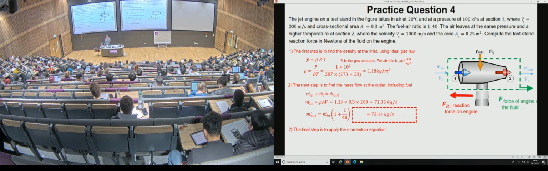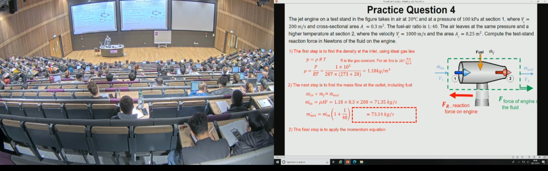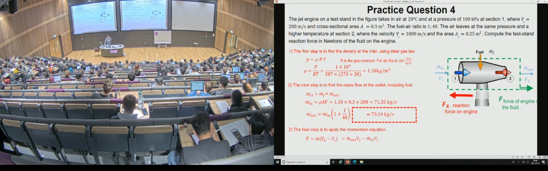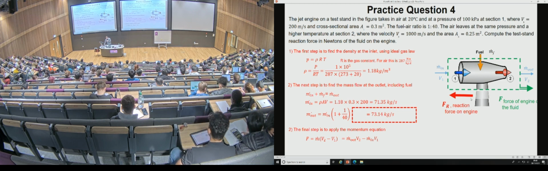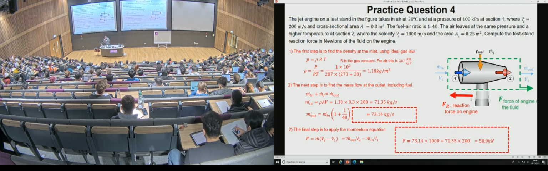And then the last step is to apply the momentum equation. We're treating this like a 1D problem. We've not worried about the direction of the force, so we still treat it like a 1D problem. And we're looking at these forces F, which are either acting on the control volume or outside of the control volume. And we can put our numbers together and we can get this.